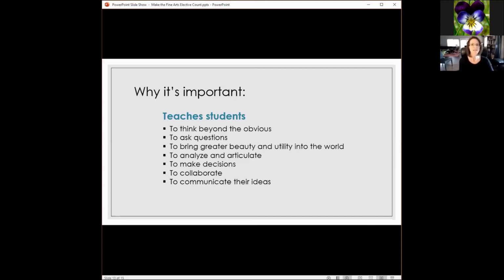It helps in the decision-making process. Design is all about making decisions. And this is always good training, right?